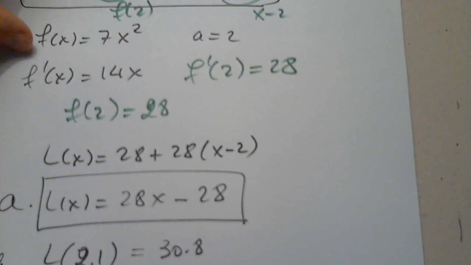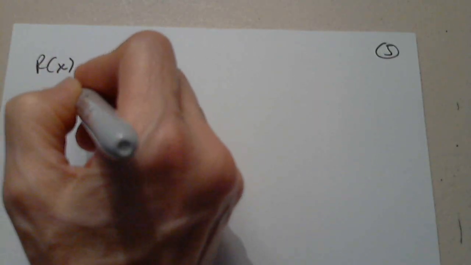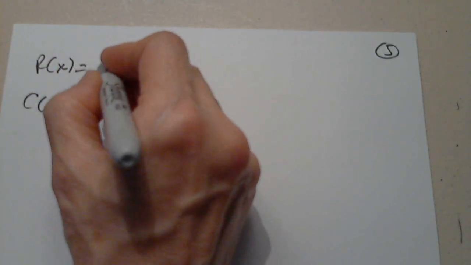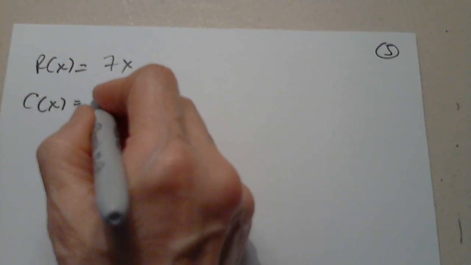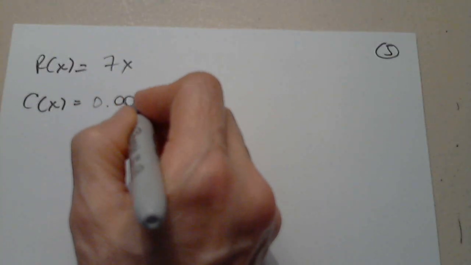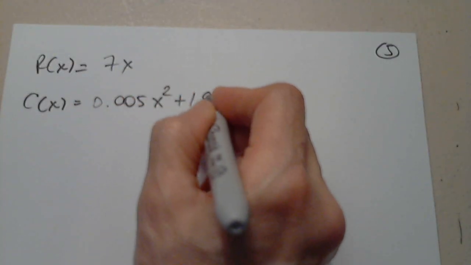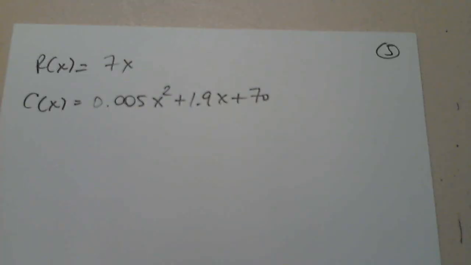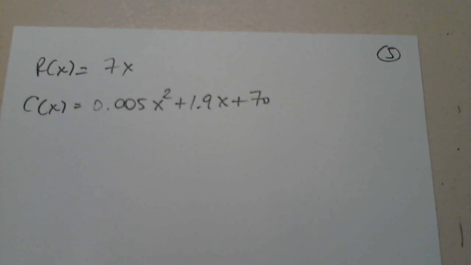Okay, so let's take a look. Let's copy the revenue and the cost. I'm copying, so that's 7x, very easy. And the cost is 0.005x squared plus 1.9x plus 70. And they want everything at 150.